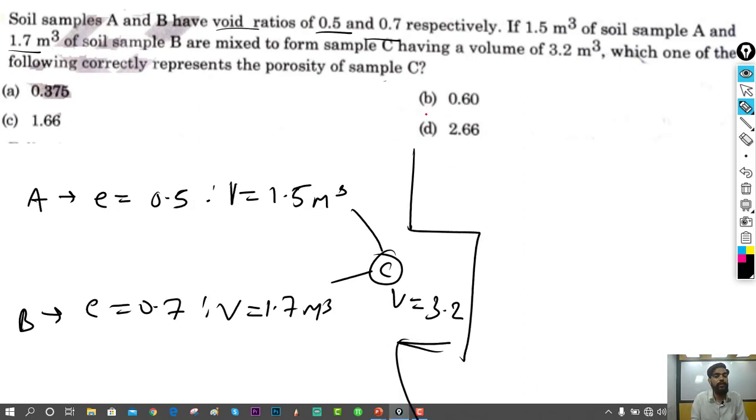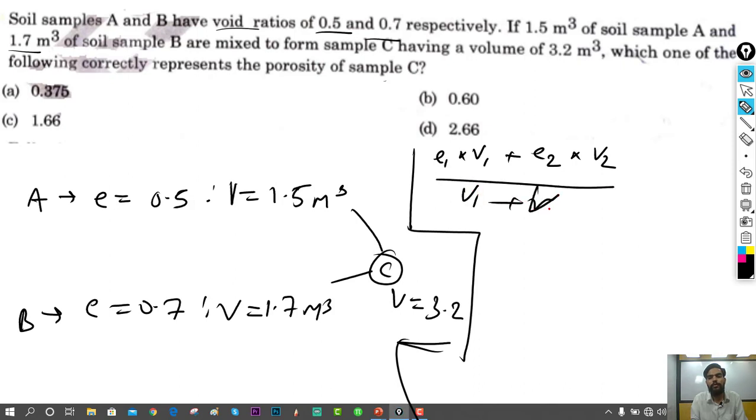We know the formula of composition: E1 multiplied by V1 plus E2 multiplied by V2, divided by V1 plus V2. This will give us the void ratio of soil C.